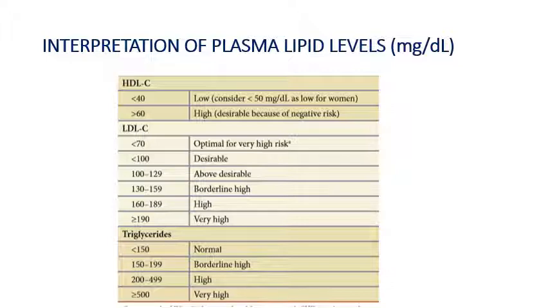LDL concentration less than 70 is optimal for the very high risk group, those with coronary heart disease, and less than 100 is desirable for all subjects. 100 to 129 is above desirable, 130 to 159 is borderline high, 160 to 189 is high, and more than 190 is very high. Triglycerides less than 150 is normal, 150 to 199 is borderline high, 200 to 499 is high, and more than 500 is very high.